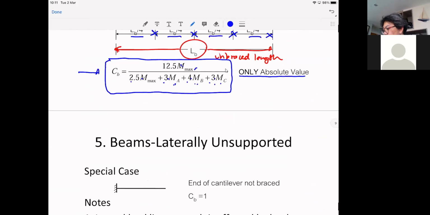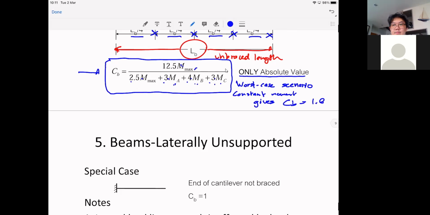I can say worst case scenario, constant moment will give CB equal to 1.